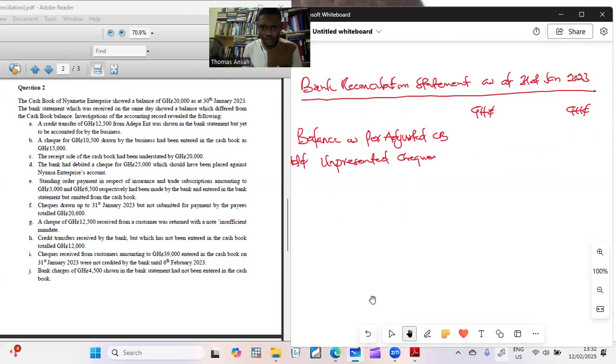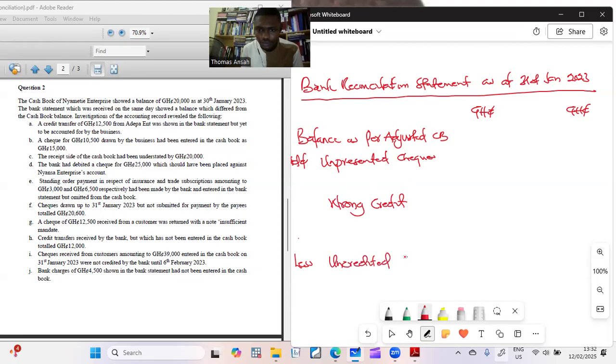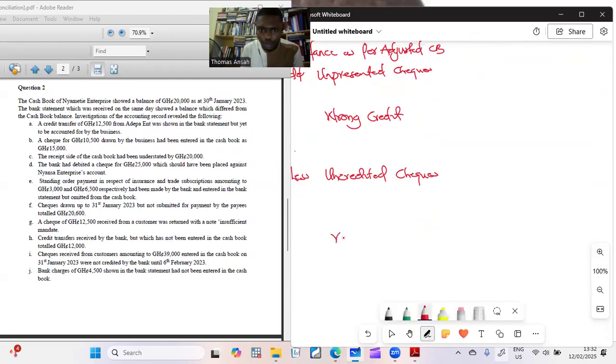Then you will be deducting anything like a wrong credit, errors resulting in an increase, and all forms of uncredited checks. And wrong debit errors resulting in a decrease. So you can set it up like this so that when you read a statement, you just do it and you are on your way.